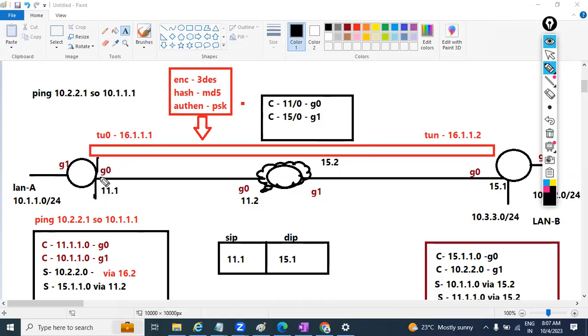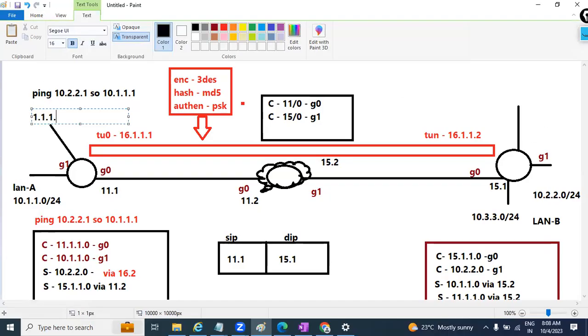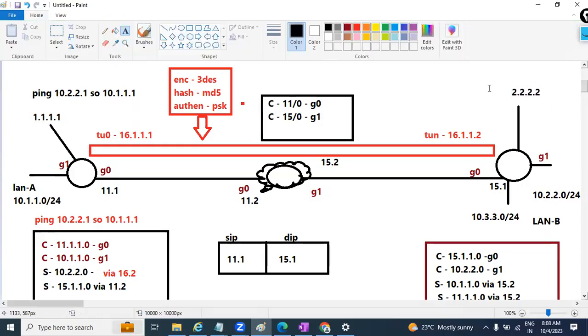Now this is my 16.1 and this is my 16.2. If I have to configure a default route or a static route, let's talk about the static one. There might be one more LAN here. This LAN is 1.1.1.1 and this is 2.2.2.2.